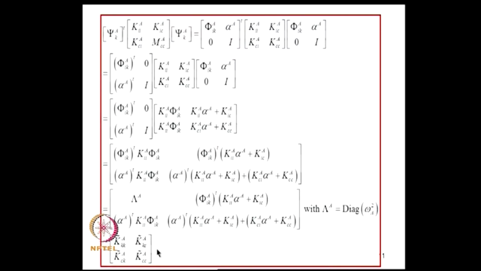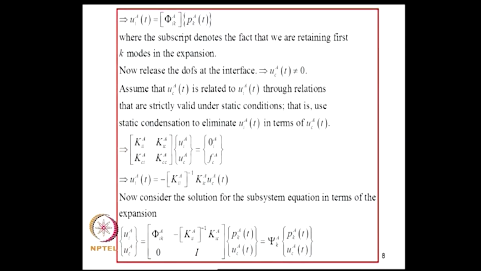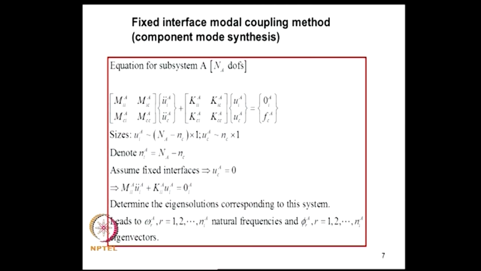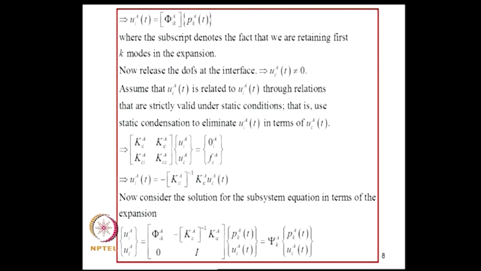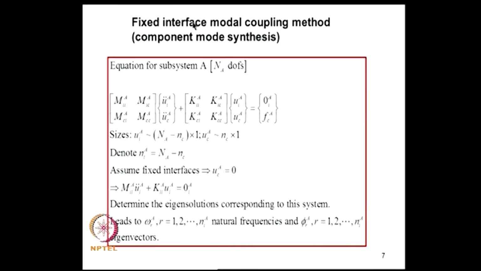Now, similarly, the stiffness matrix we can work through, and here if we see, the eigenvectors here, this phi is the eigenvector and it is orthogonal and it is mass normalized. Therefore, phi transpose k phi is the square of the natural frequency.